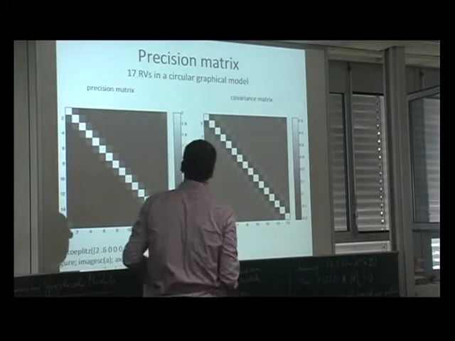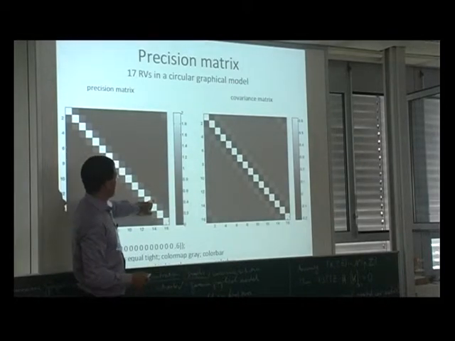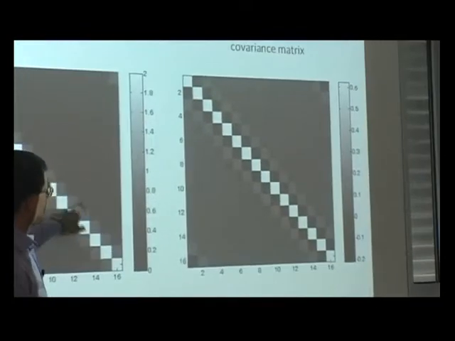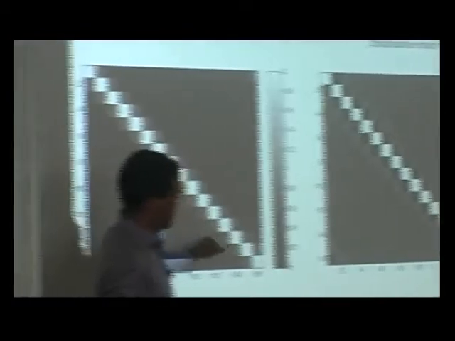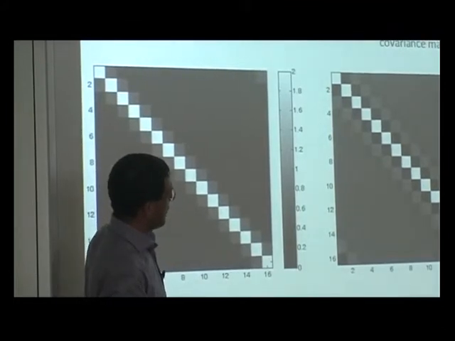If you look at the numbers on this color bar here, you will see that these off-diagonal elements that I introduced were positive. So I have positive elements here in my concentration matrix, and that corresponds to negative partial correlations.